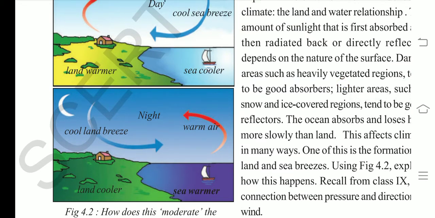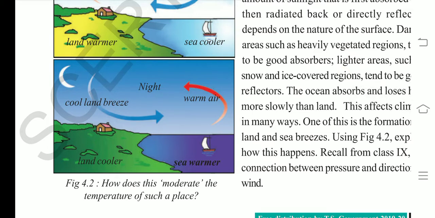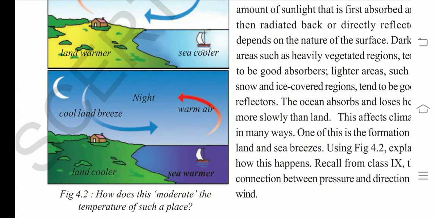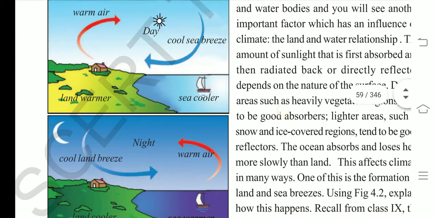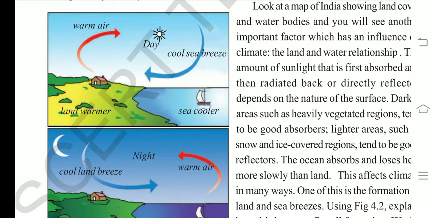So land absorbs and releases heat very fast compared to water bodies, in the sense of oceans, lakes, seas, ponds, streams and rivulets. When there is a difference in the absorption of heat by land and water, in the daytime land becomes warmer and the ocean somewhat cooler.